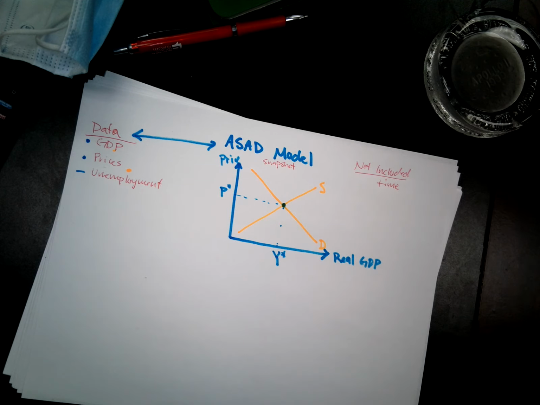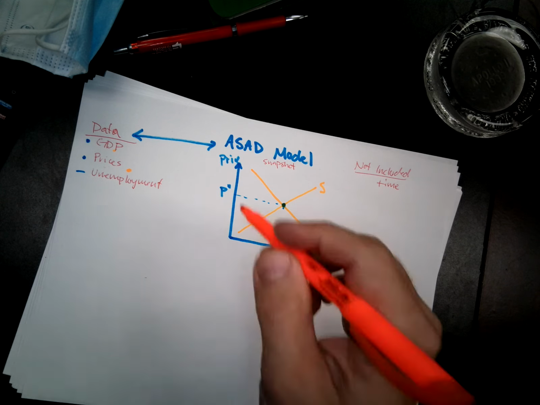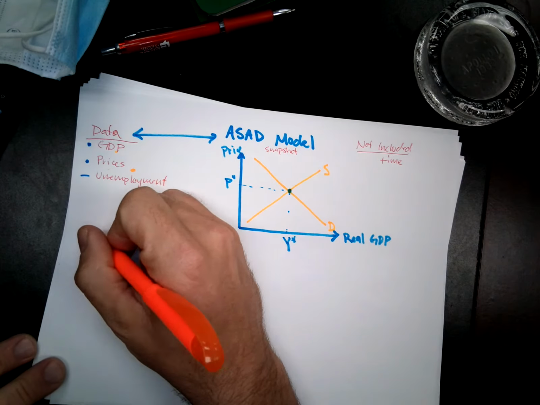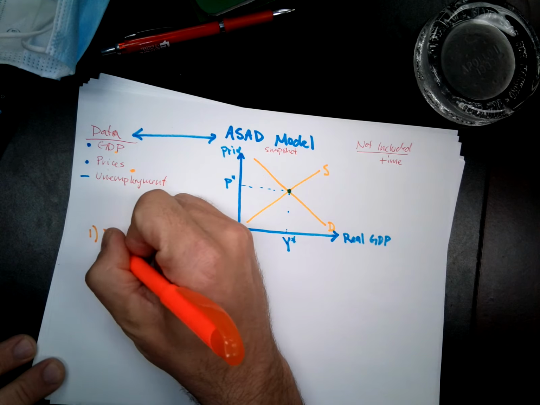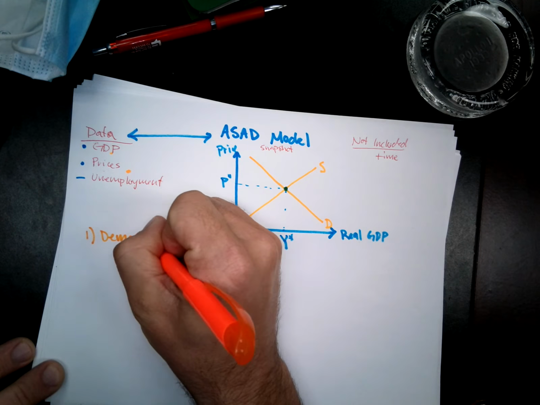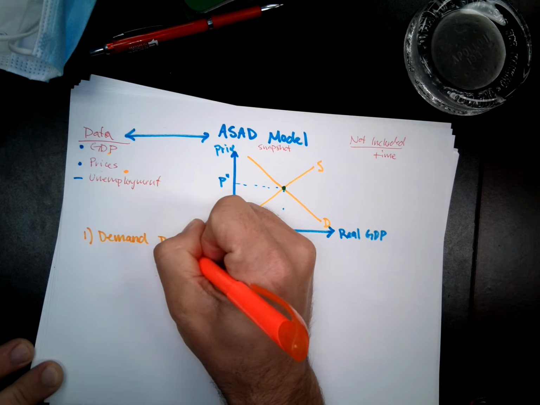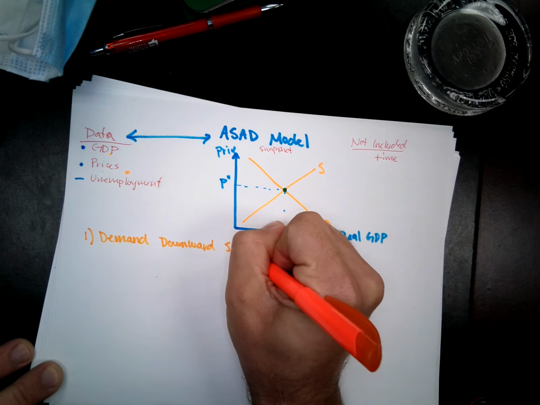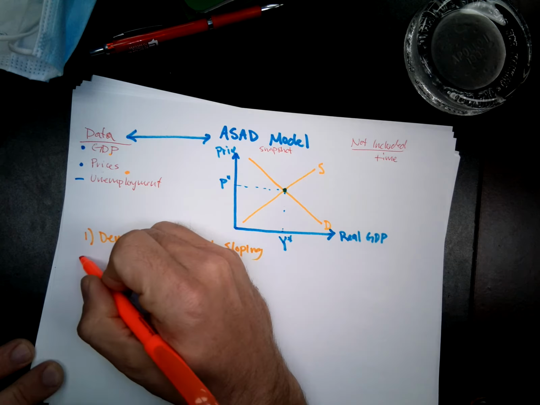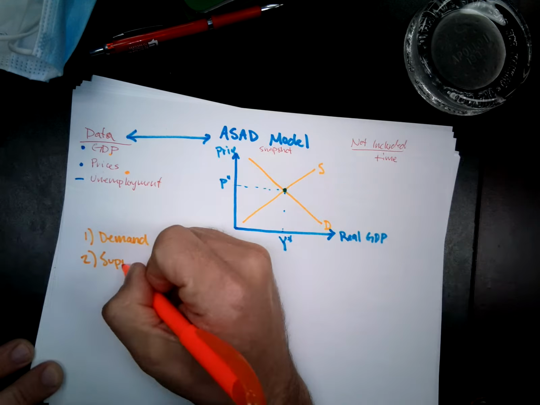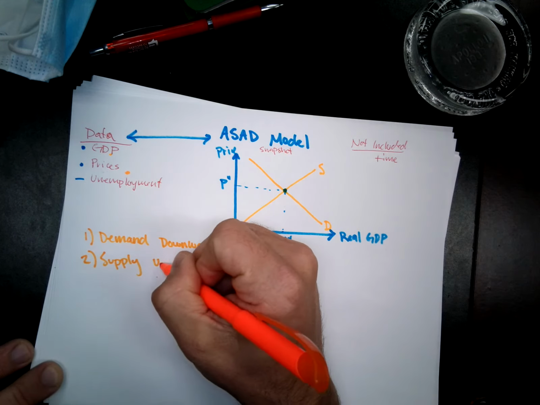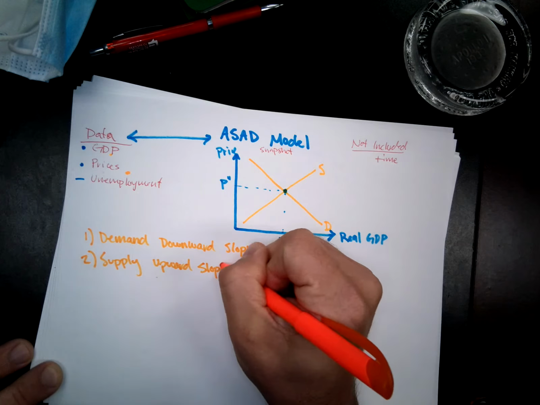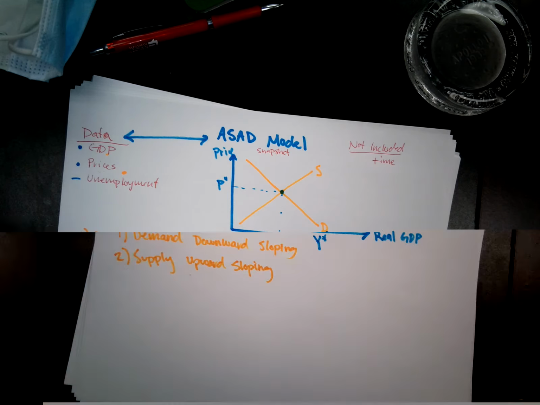So a couple ideas real quick. Why did I draw a downward sloping curve? First off, demand is downward sloping, and supply is upward sloping. Why is that the case?